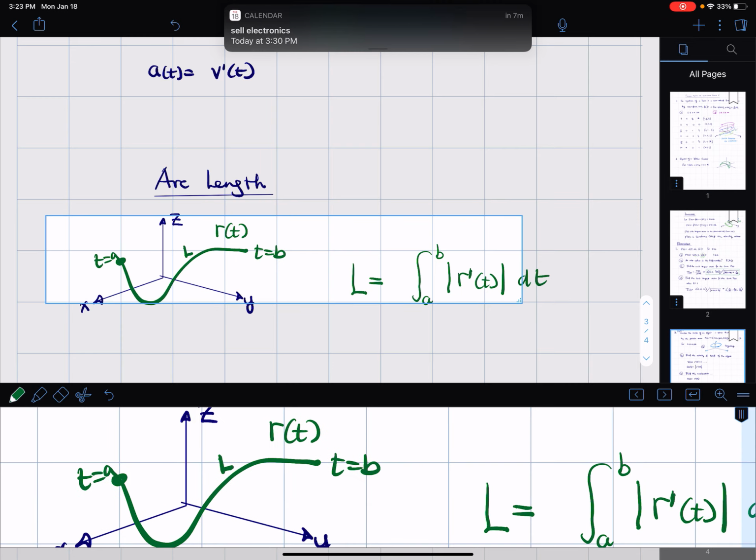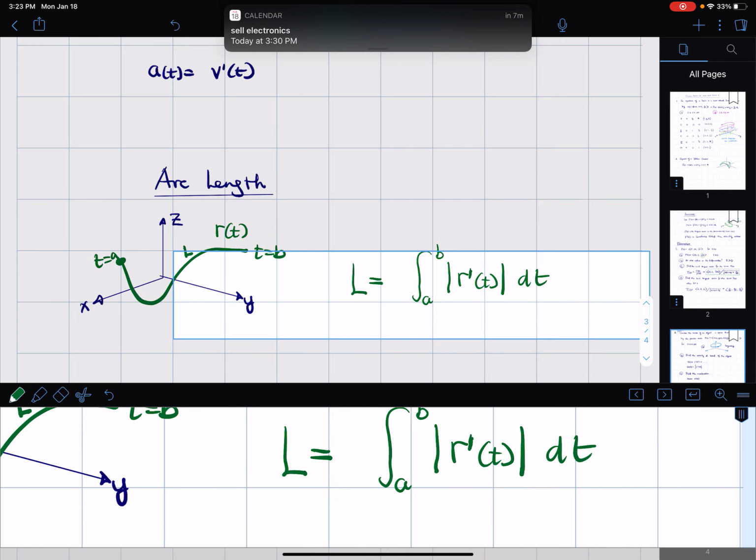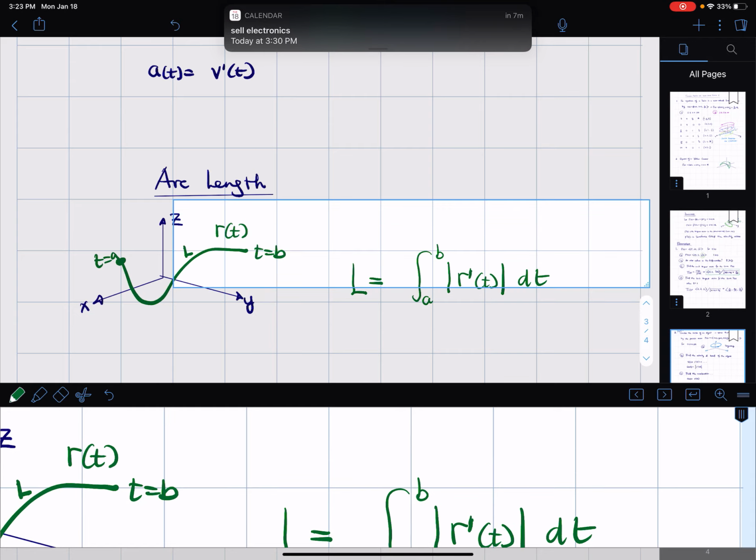If r of t is the vector valued function describing this green trajectory, you can think of r prime of t as the speed along the trajectory. And then you can think of L as the distance covered from A to B, right? So L is the length of arc, right?